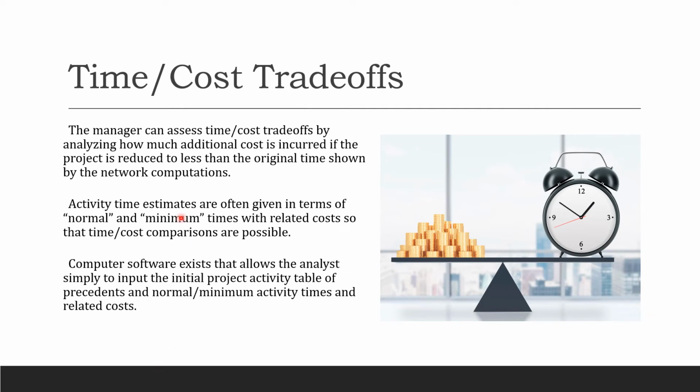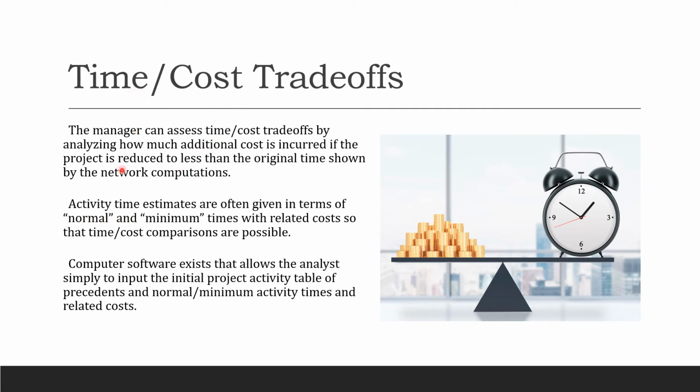Now we're coming into time-cost trade-offs. The manager can assess time-cost trade-offs by analyzing how much additional cost is incurred if the project is reduced to less than the original time shown by the network computation. Here we're going to start playing with the time and cost.